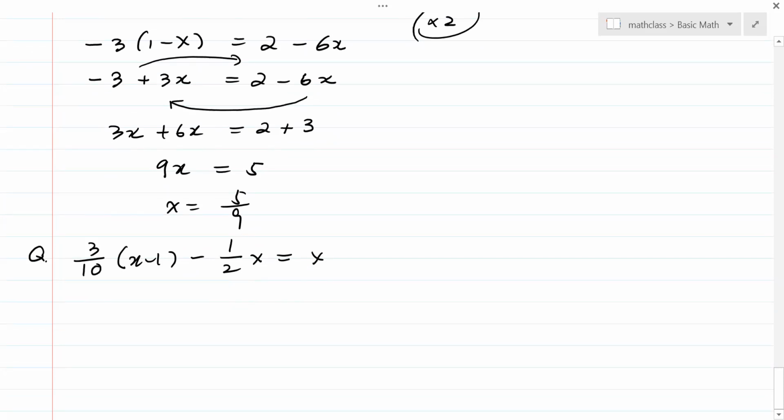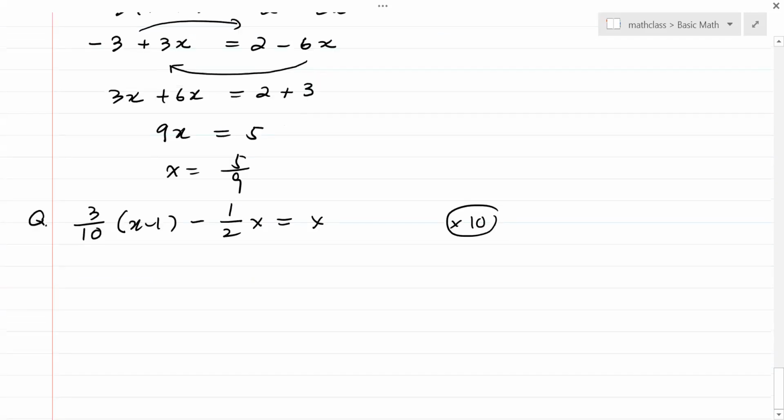It's okay, like 3/10, 1/2. 10 and 2 have at least a common multiple, right? 2 is contained in 10. So if you multiply by 10 on both sides, you probably can get rid of 10 and 2 in the denominator.